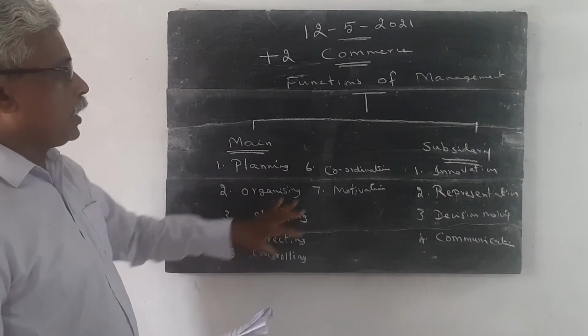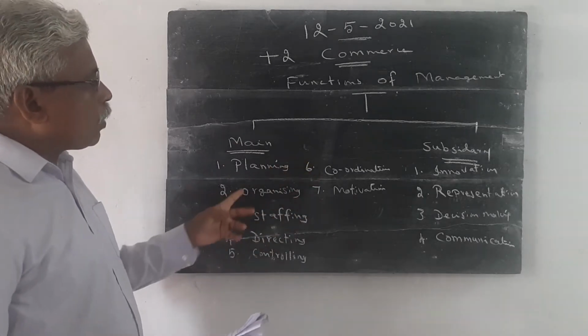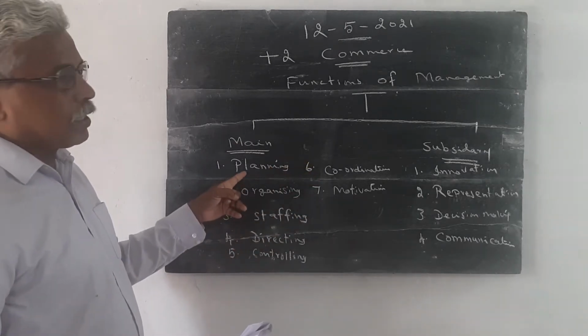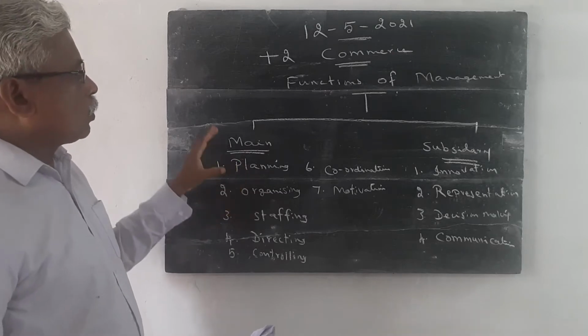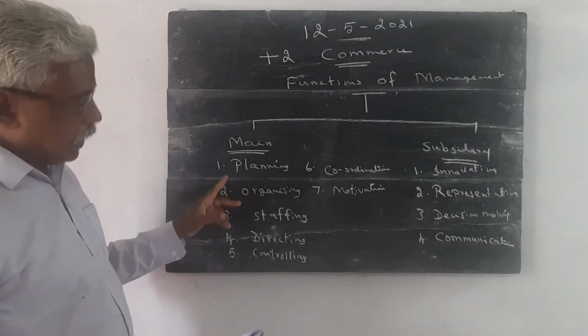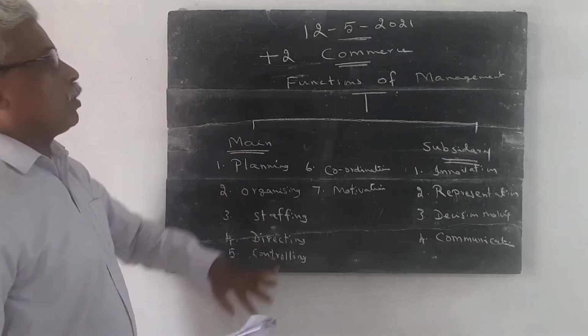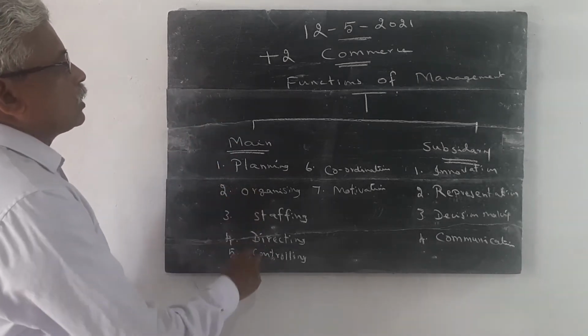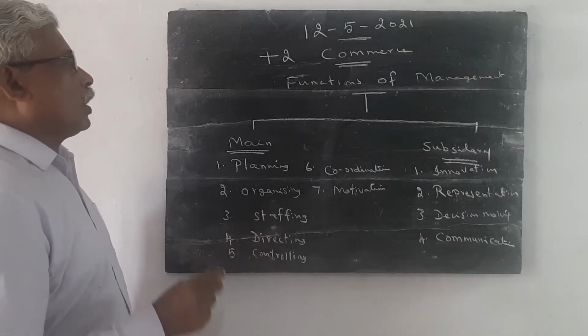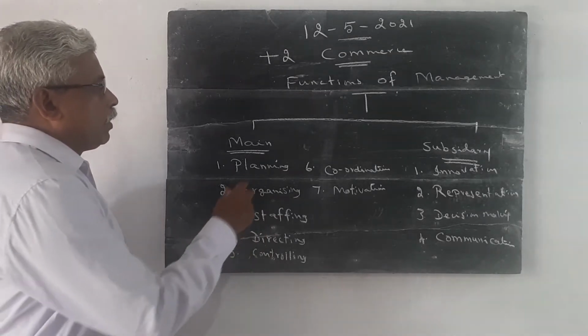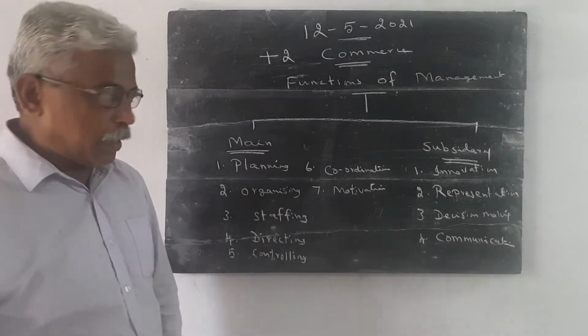These 5 points I am going to explain. In the 2 more question also, any one of the points is asked. So you have to study for the 2 more question as well as the 5 more question. If you study 5 points, this much is enough for today's class. So I am going to explain 5 main functions of management.